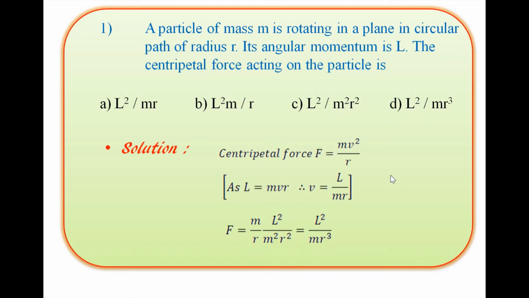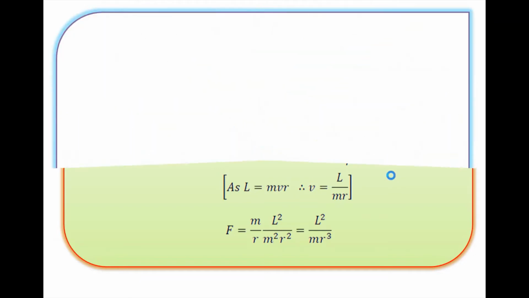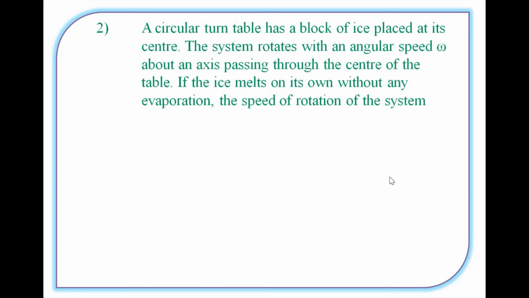So let's see the next objective. A circular turntable has a block of ice placed at its center. The system rotates with an angular speed omega about an axis passing through the center of the table. If the ice melts on its own without any evaporation, the speed of rotation of the system is?